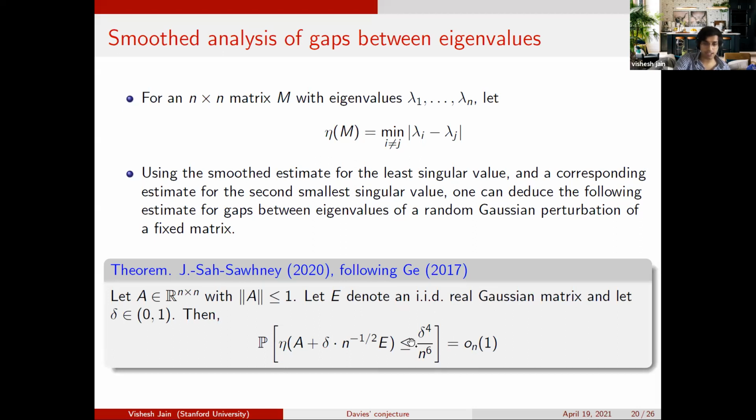These are not sharp rates, just some numbers I wrote here. But once you have these epsilon squared rates, you can do some union bound arguments and deduce quantitative bounds on the eigenvalue gaps. So these are two ingredients from random matrix theory that we use.